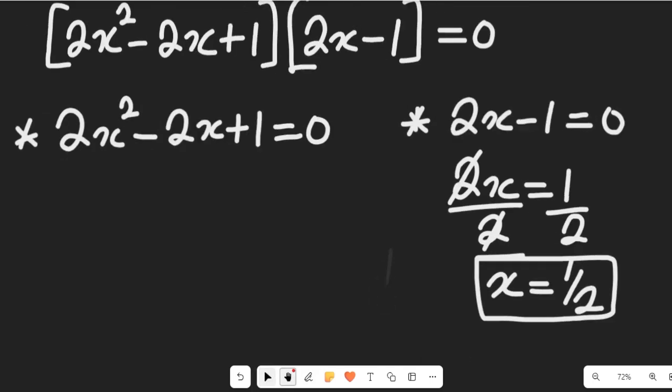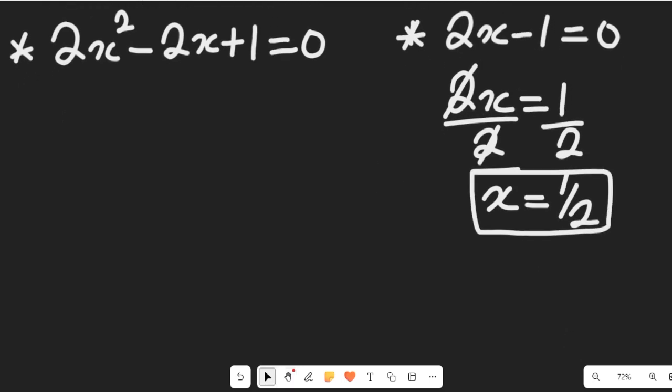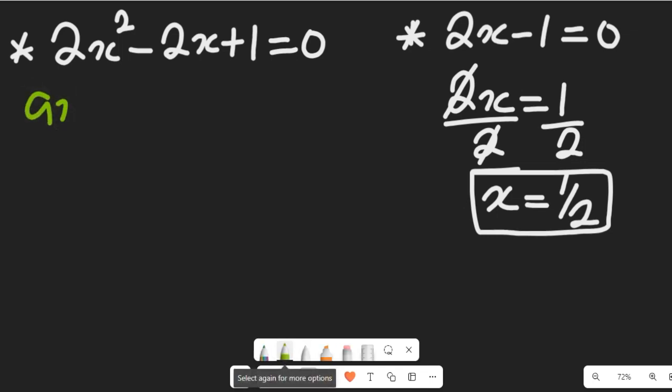To get the second expression, we are going to solve this quadratic expression. To solve this quadratic expression, let us compare this expression with ax squared plus bx plus c, and this will be equal to 0.